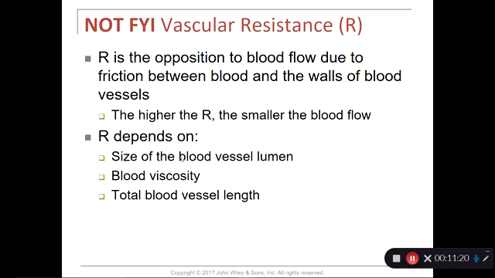Blood viscosity: if it's really thick, your poor little heart's going to have to push really, really hard just to move your molasses blood. And finally, how far does it have to push it? It's probably easier to push yourself a mile versus 27-ish or whatever the marathon distance is. The longer the race, the harder it goes. The more resistance you're going to see.